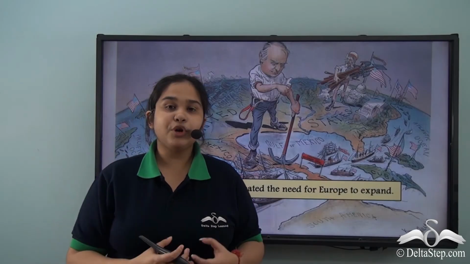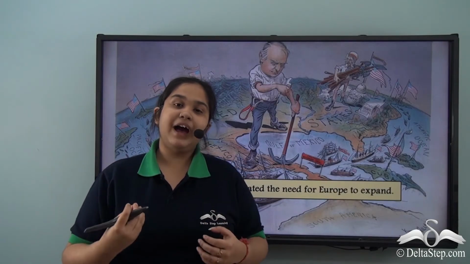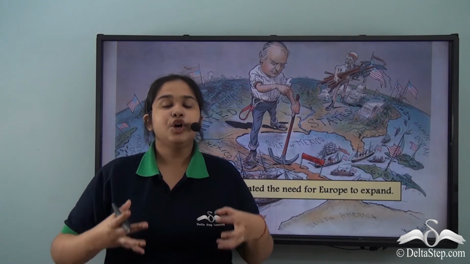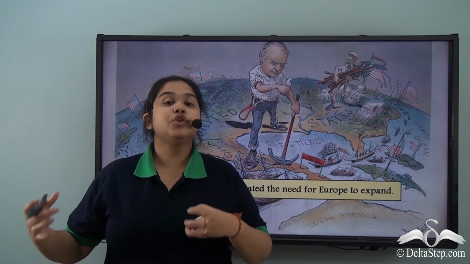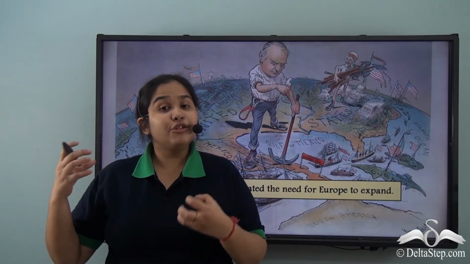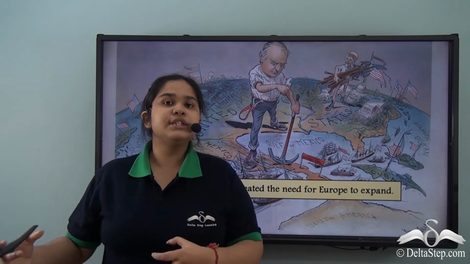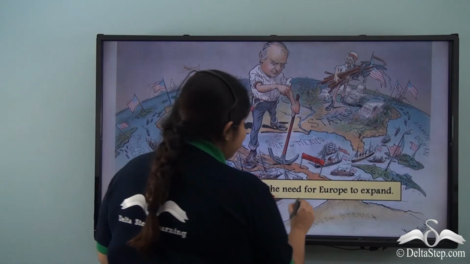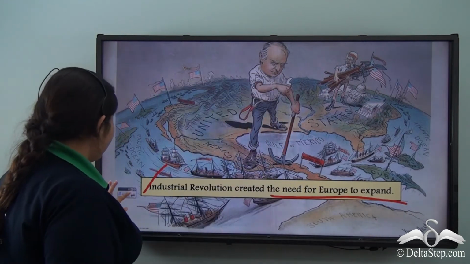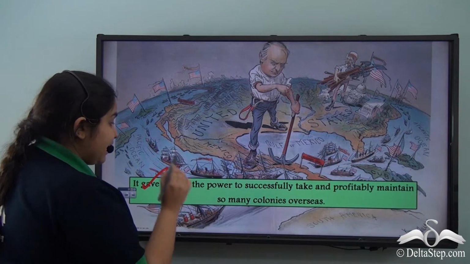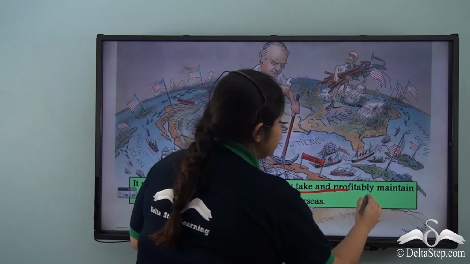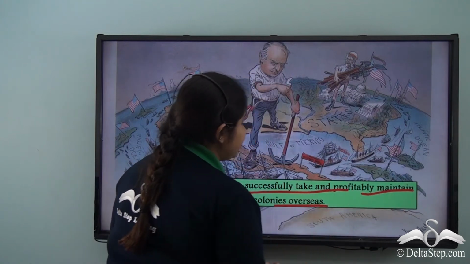But it is also important for us to realize that the Industrial Revolution also created a need for Europe to move out and colonize more, and not only colonize more, to impose the imperialistic sense of rule over these colonies. So, the Industrial Revolution created the need for Europe to expand. Thus, we see that it gave Europe the power to successfully take and profitably maintain many colonies overseas.